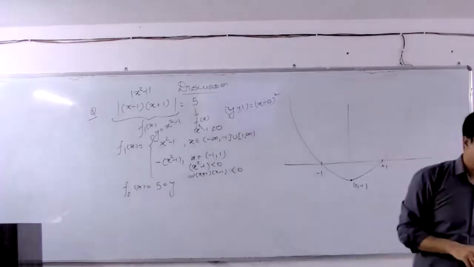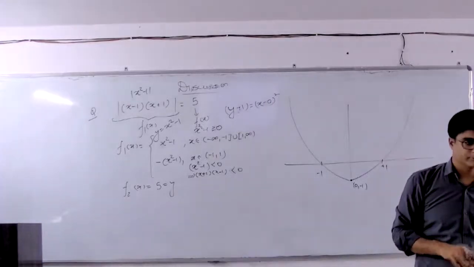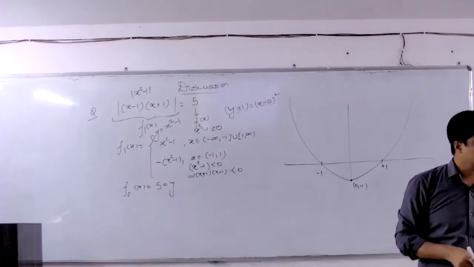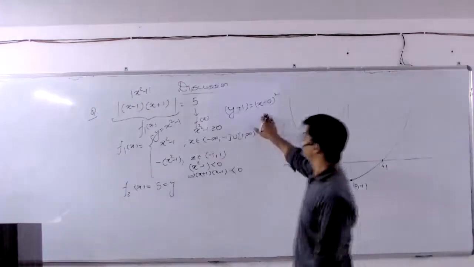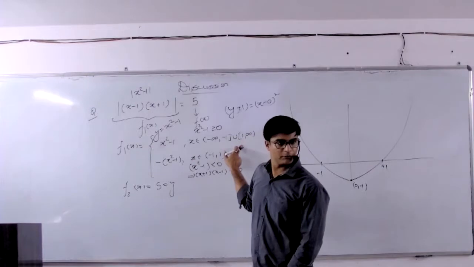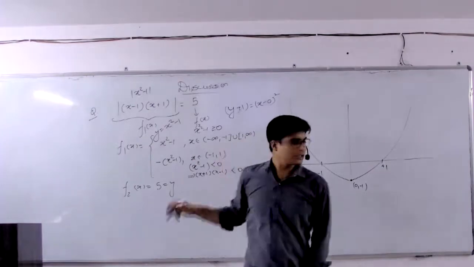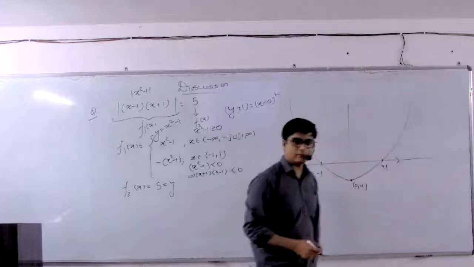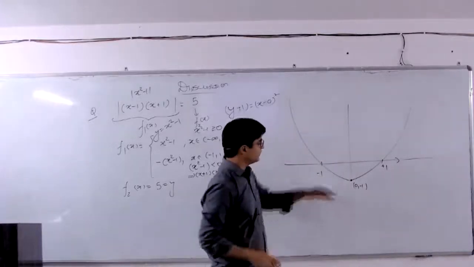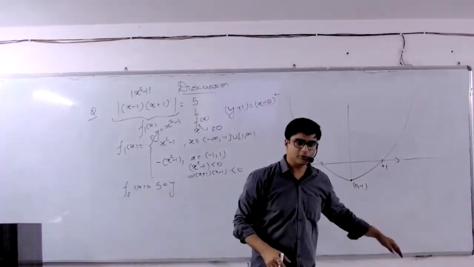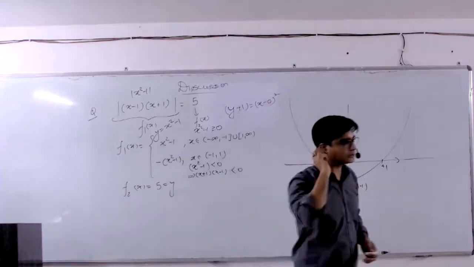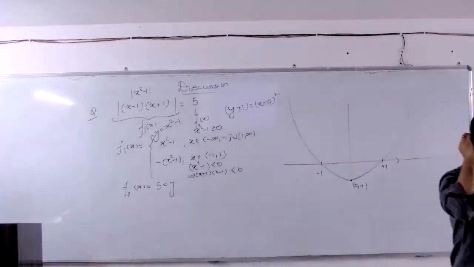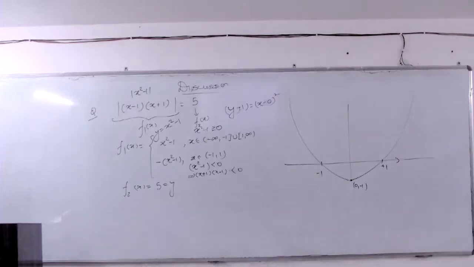Now listen. This is valid only when x is in minus infinity to minus 1 union 1 to infinity, that means greater than 1 or lesser than minus 1. It is not valid where the graph is below the x-axis. But we have already talked about it: whenever we have modulus, we flip the curve which is below the x-axis.